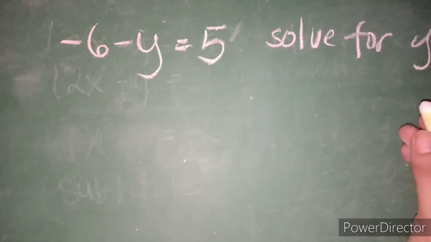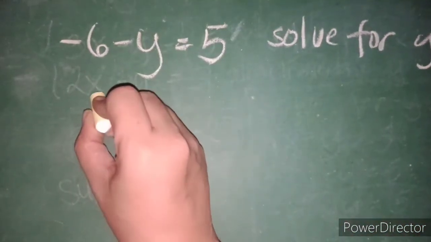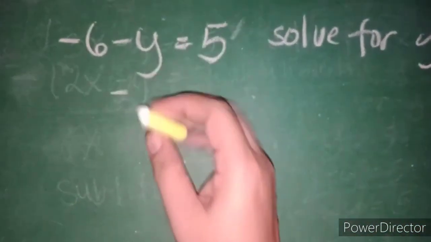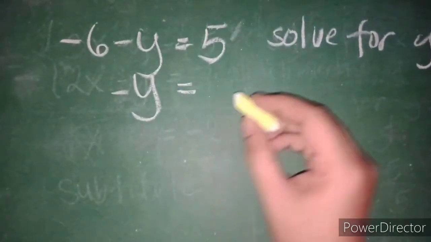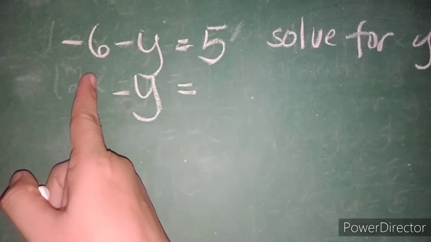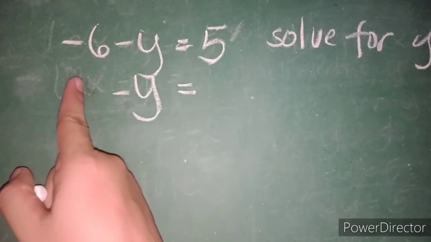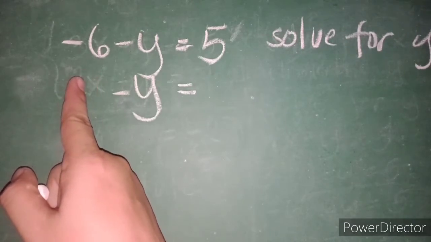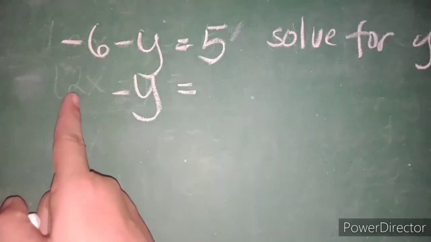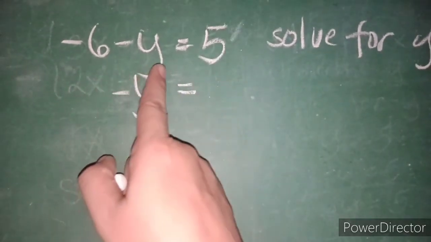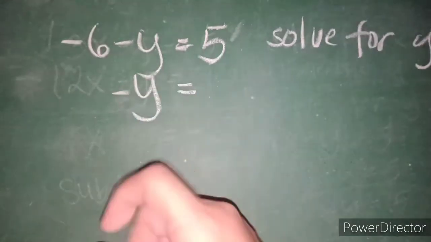Okay, para ma-solve ang y, ilalagay natin sa my left side ang may variable na y. Okay, so we have negative y. And then, ililipat natin yung mga constant doon sa my right side. So, yung negative 6, ililipat natin sa my right side. Okay, so ang gagawin ko dito is iti-transpose ko yung negative 6 doon sa my right side.